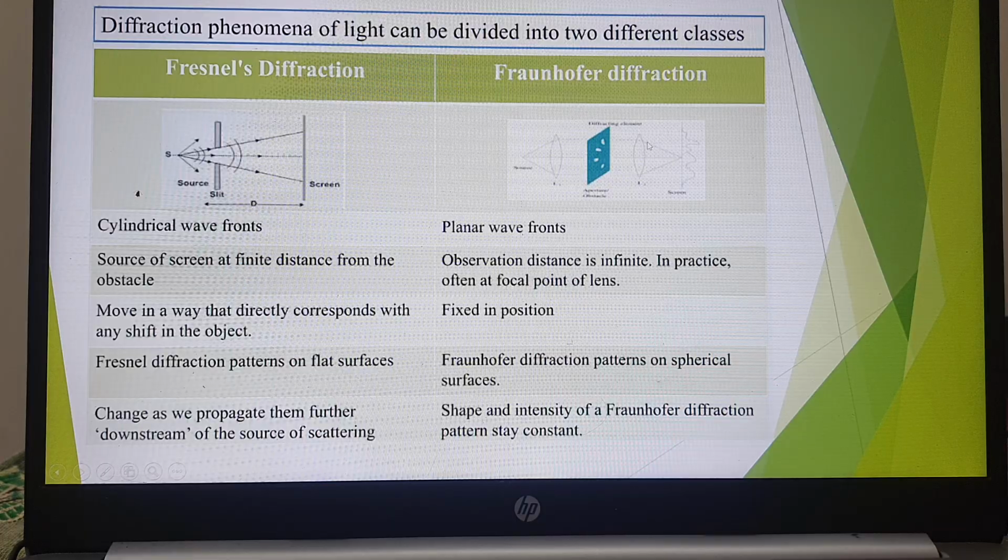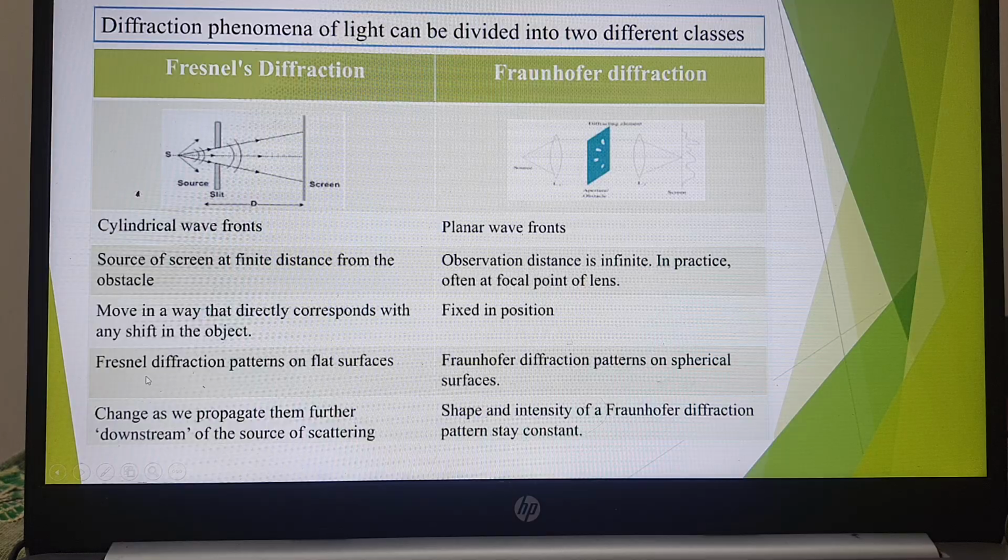In Fresnel diffraction, the distance from source to screen is finite; in Fraunhofer it is infinite. In Fresnel the pattern is at a fixed position; in Fraunhofer it is shifted in position.